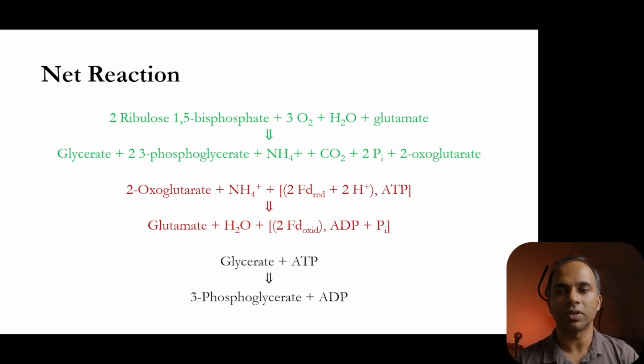Then this 2-oxoglutarate molecule is converted into glutamate, and glycerate is converted into 3-phosphoglycerate. So this reaction is not going to be as efficient as the carbon reaction.